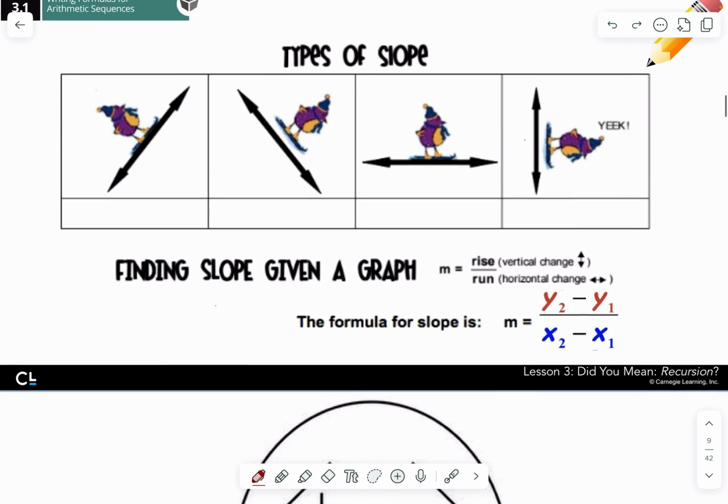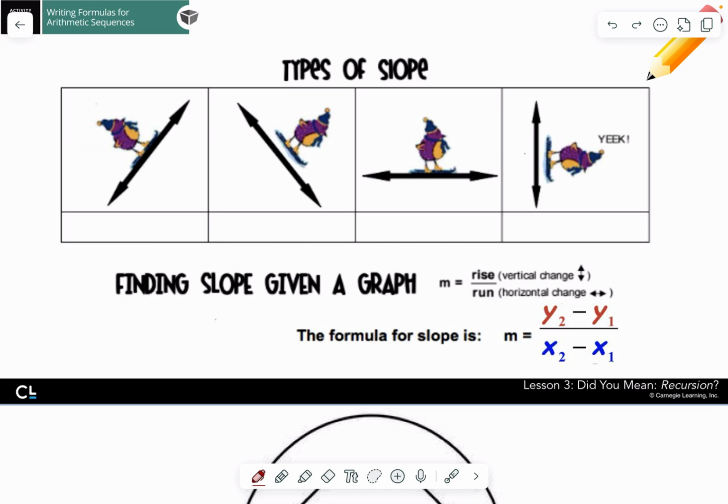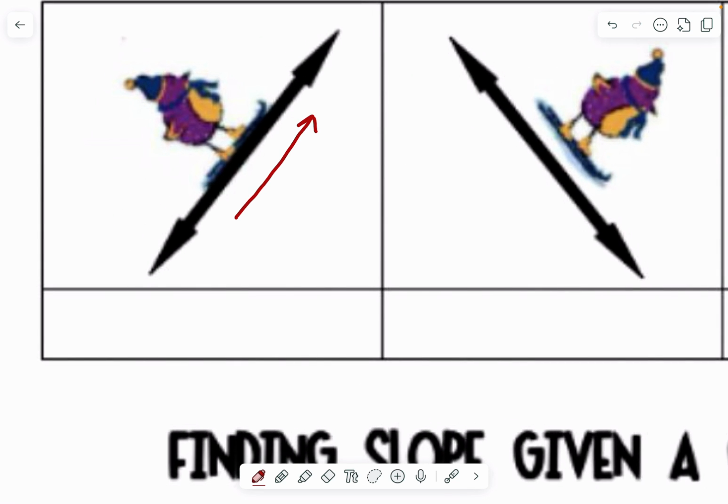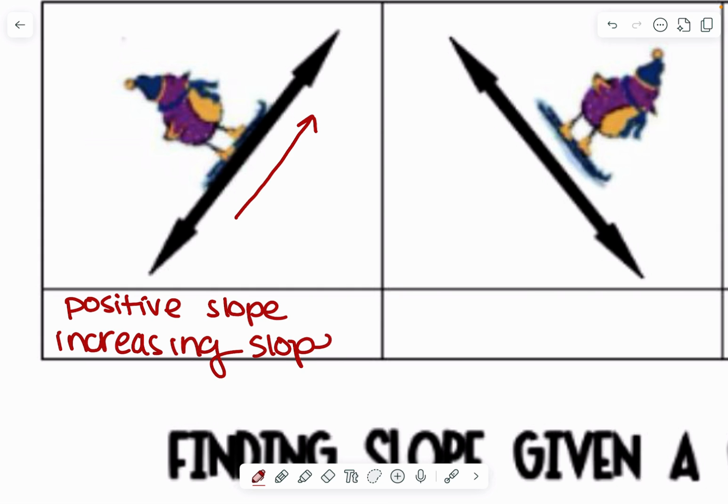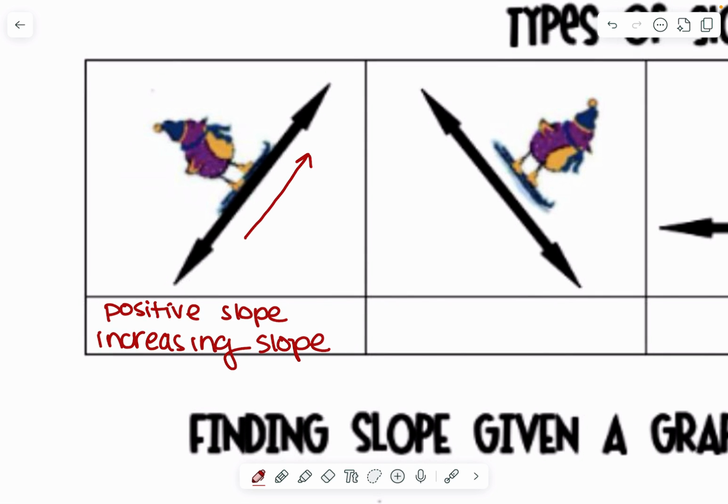So let's look at the different types of slopes. We have the first penguin. He is going up, so this is a positive slope, also known as an increasing slope. Same thing, okay? So any positive number, 4, 5, any positive number. This penguin is going down.